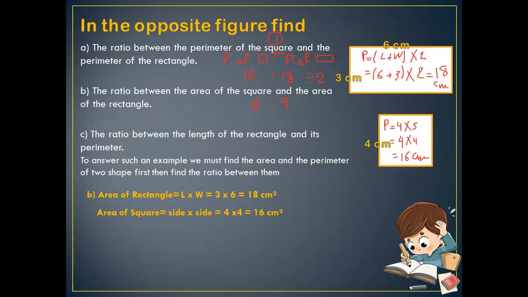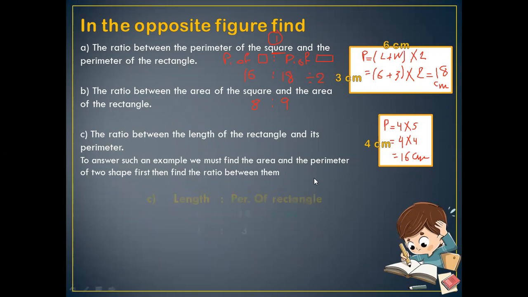It's side times side, so 4 times 4 equals 16 also. So the area of the square to the area of the rectangle is 16 to 18, divided by 2. We need it in the simplest form, so it will be 8 to 9.